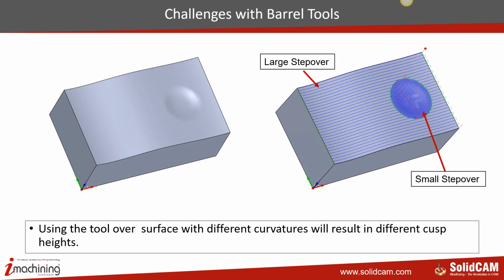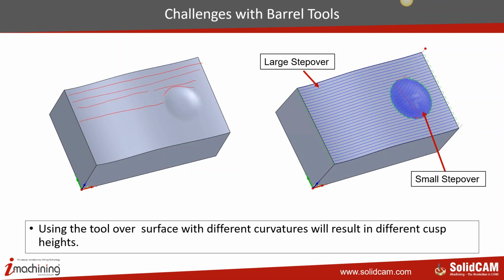The other big challenge is that when you have surfaces with varying curvature. As long as you have simple surfaces, it's easier for barrel tools to calculate the step over to maintain the cusp.